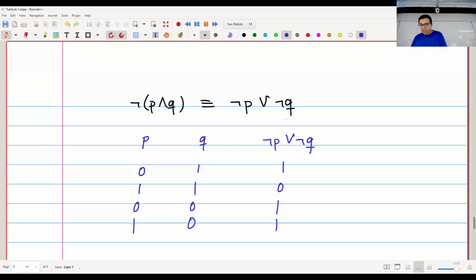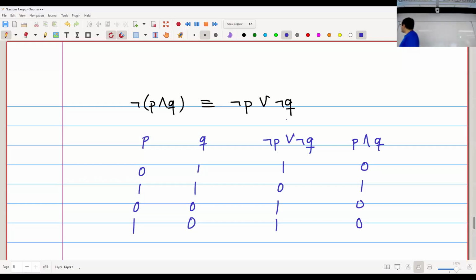Okay, and you can see that this is very much the not of P and Q. So let's just do P and Q. So if I look at P and Q, 0 and 1 is 0, 1 and 1 is 1, 0 and 0 is 0, 1 and 0 is 0.